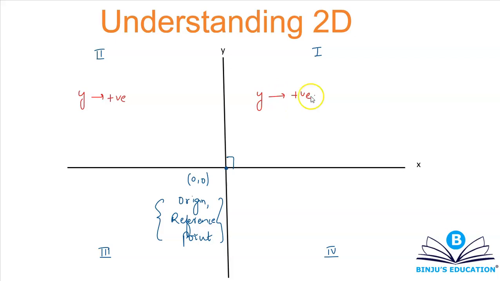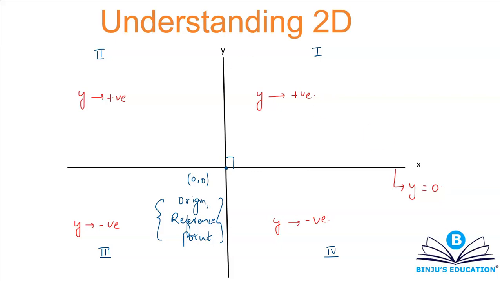Similarly, if you take a point that lies below x-axis, then y coordinate is negative. If you take a point on x-axis, then y coordinate is 0. So on x-axis, you're going to have points like (3, 0), (-4, 0), (7, 0), (8, 0), and so on and so forth.